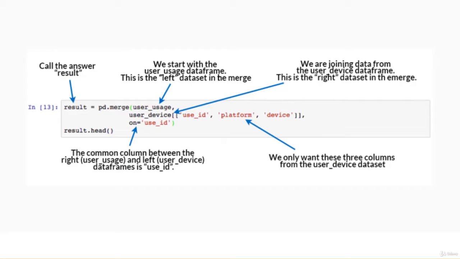On the left side we have the user usage data frame, on the right we have the user device. Apart from that, we only want to merge 3 columns from the user device. We do not need the other information. We are only concerned about the platform and the device. So that's why we select these columns and merge them along with the user usage data frame.